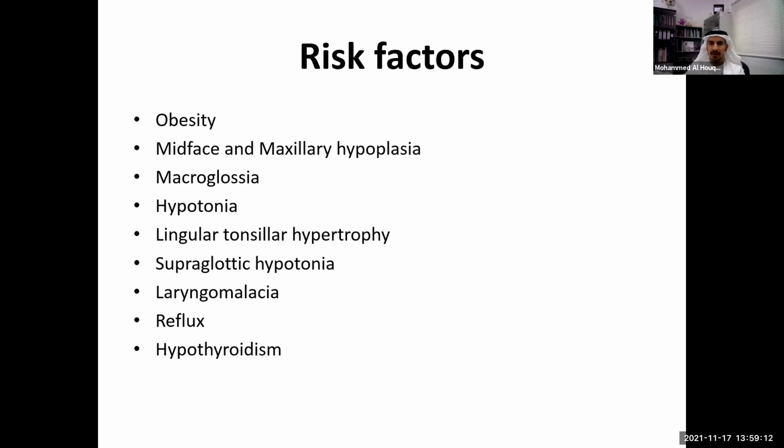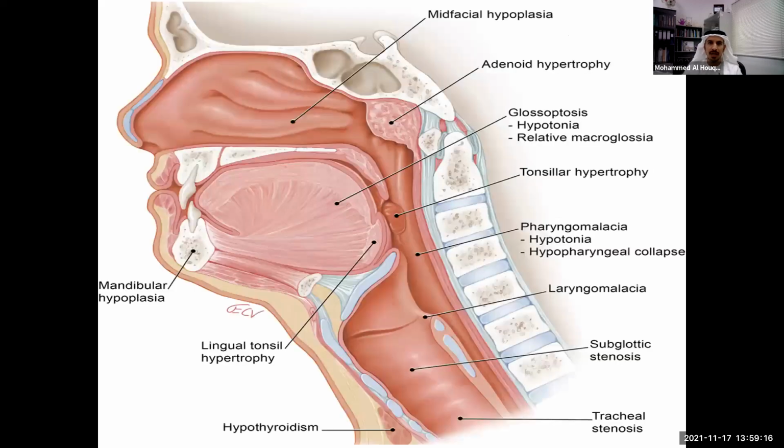Now, what are the risk factors among patients with Down syndrome? I hope this is really clear to all of you.